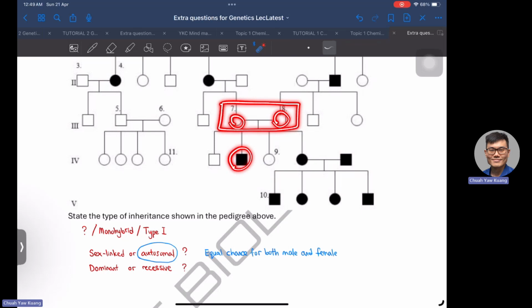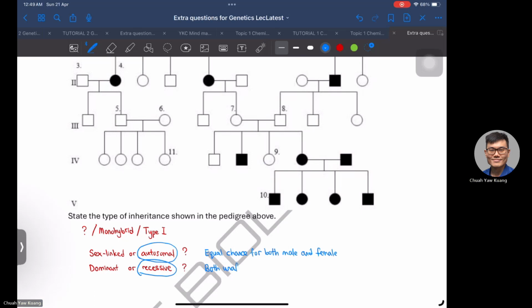So automatically, I think you already know this should be recessive, because both unaffected parents have at least one affected offspring.